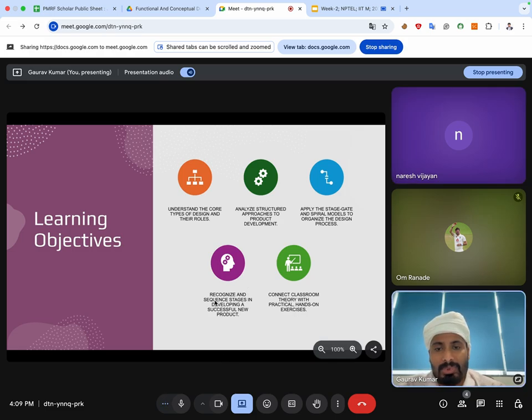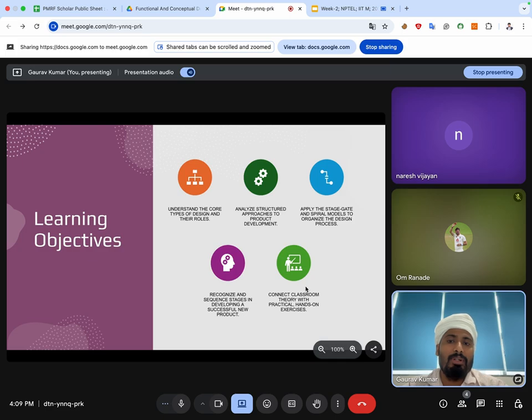Next is to recognize and sequence the stages of new product development. Design is not random. There is a logical sequence from generating ideas to launching and improving the product. You will learn to recognize these stages and how to align tasks and teams accordingly. The last one is to connect theory and practical hands-on exercises.